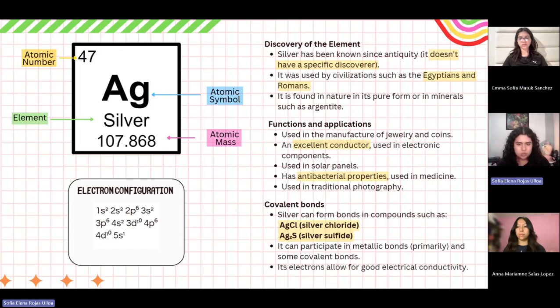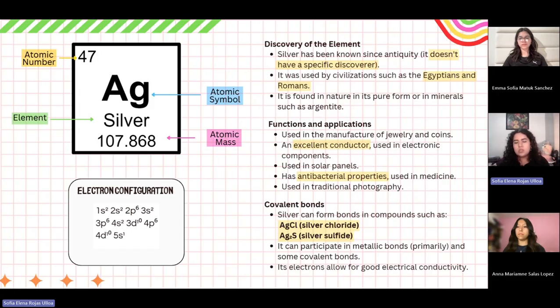Functions and applications: it is an excellent conductor used in electronic components, it is used in sonar banners, has antibacterial properties, and is used in traditional photography. It is also used for the manufacture of jewelry and coins.